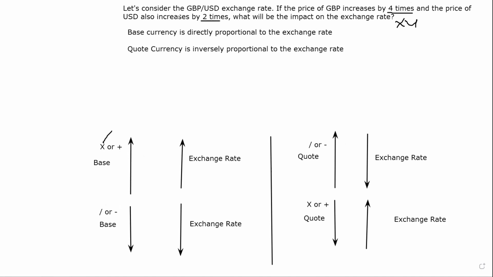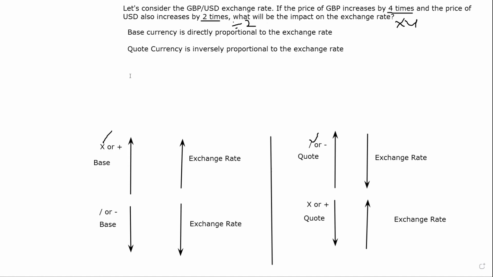And the price of the USD also increases by 2 times. Because USD is the quote currency and it is increasing by 2 times, we're only going to apply division, because it is increasing. So we're going to divide by 2.